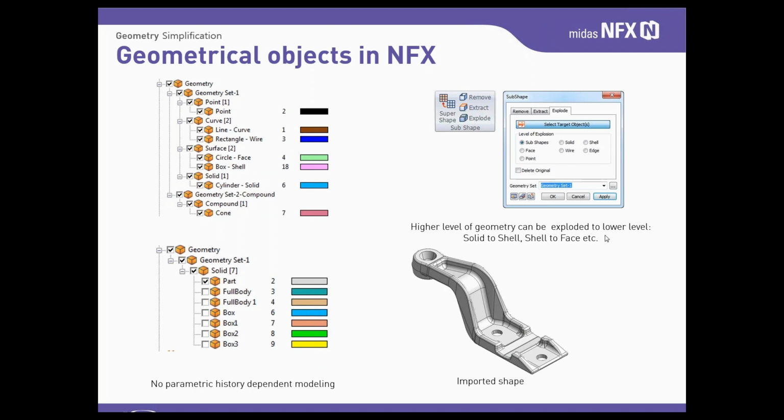Just to give you some additional information, if there is a need to go back or extract lower topological shapes, you can use the tool called explode and simply explode the geometry to edges or faces for your editing or simplification as well.